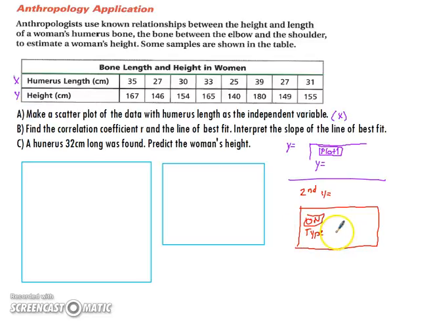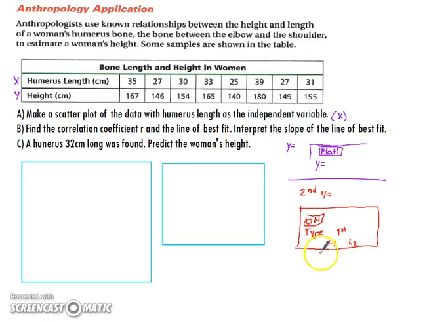So you want to make sure the one that looks like a scatter plot is selected. So that would be the first one as you go across of your 6. And then your list, you have X list, Y list. Make sure that says L1 and L2.